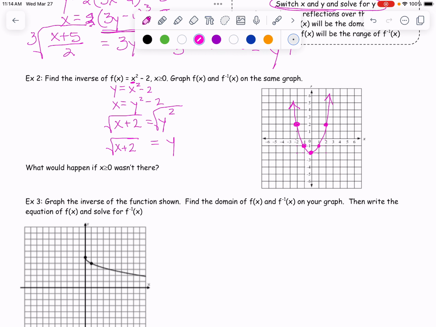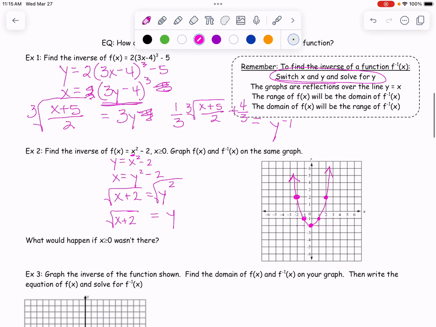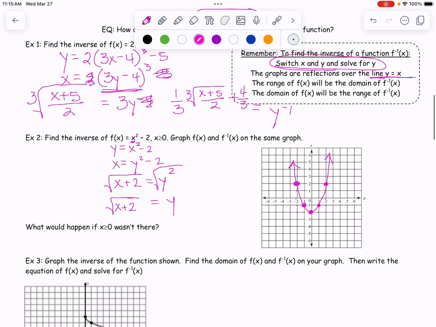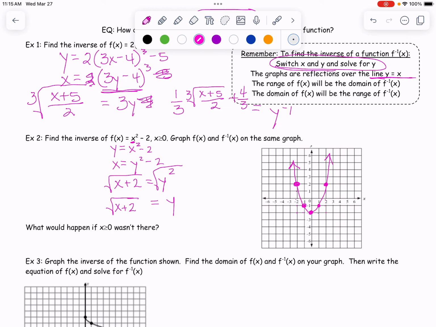Well, that's a function. My inverse is going to be reflected over y equals x. If I do not restrict this original function, when I reflect it, it's going to be on its side, and it's not going to be a function, because this would be reflected like this.